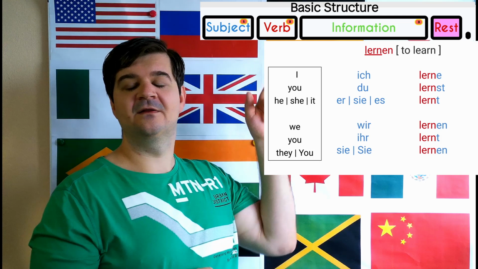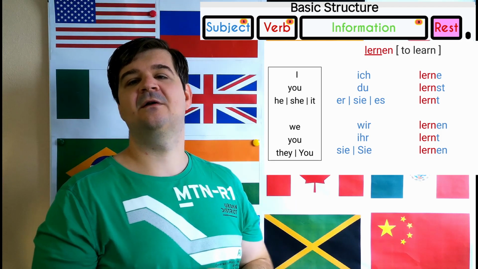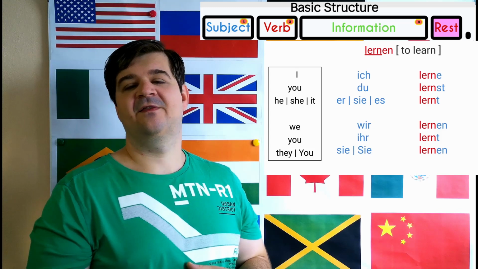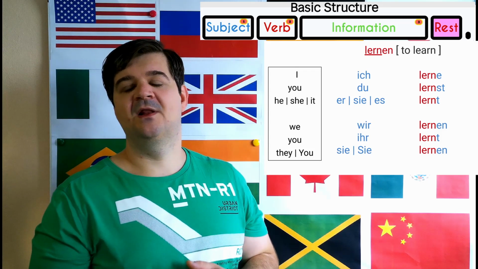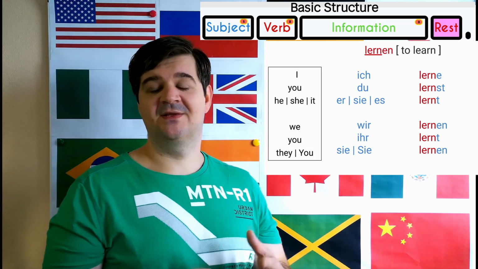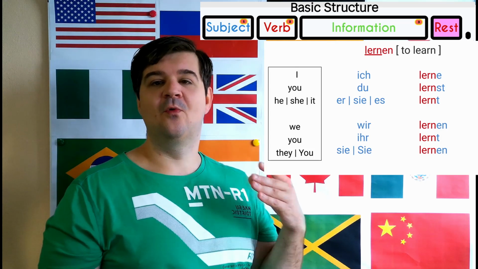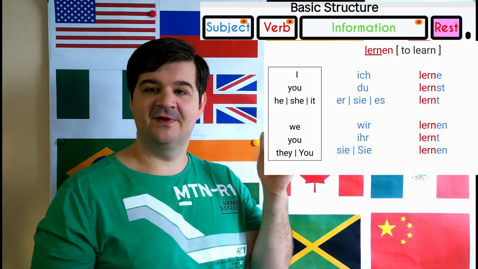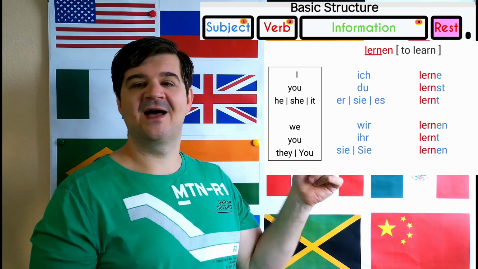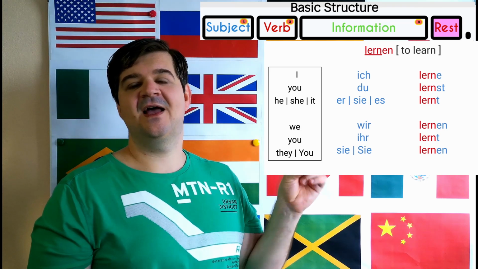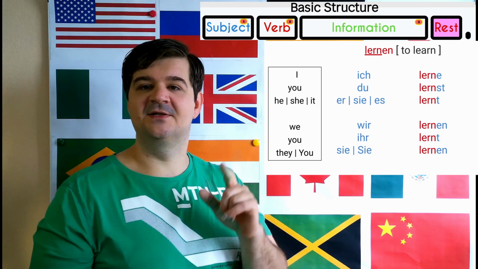In the box on the left side, you see the English translation, but I think some of you might be familiar with the pronouns in German, but I have to walk through them anyway. So, ich lerne with E in the ending. Du lernst with ST in the end. Er, sie, es lernt, only a T.